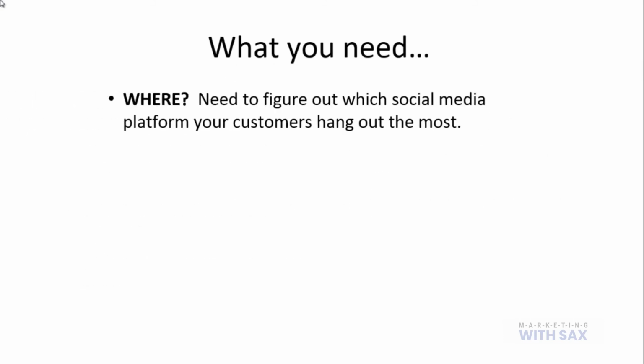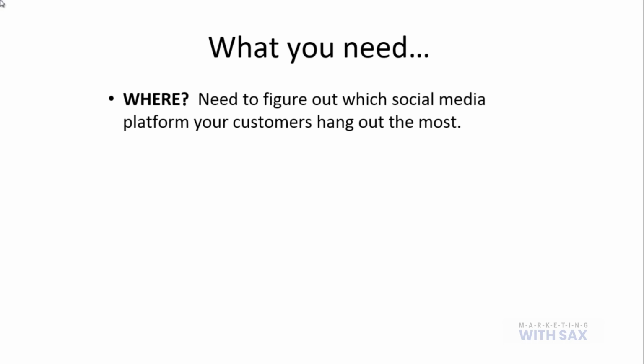Okay, so let's talk about what you need. So we talked about that you need to figure out which social media platform your customers hang out the most. So we won't only just discuss different social media platforms, but we'll discuss how you can figure that out by analyzing your competition.